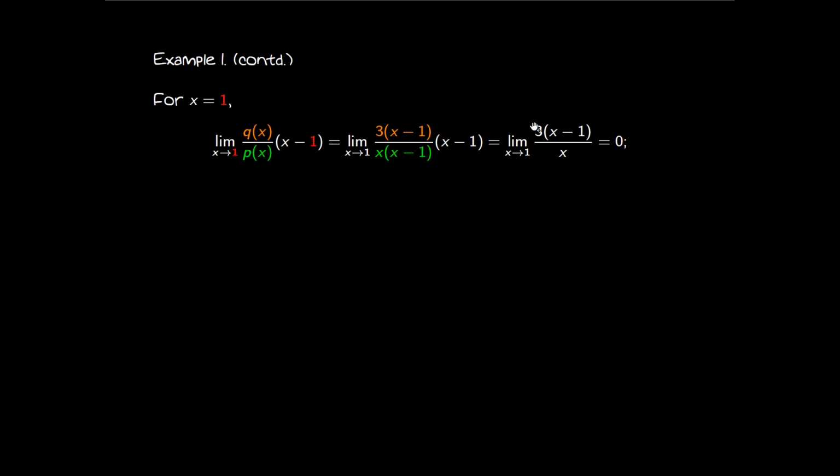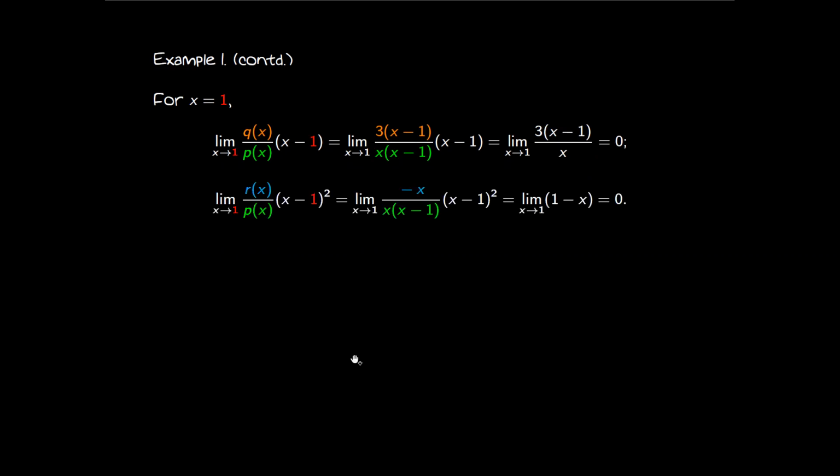We're going to end with this function. And now when you put the 1 into the denominator, it's not 0, so this quotient is well defined. Then you just evaluate it, and the limit is simply 0.